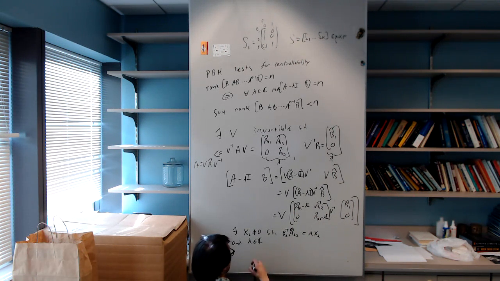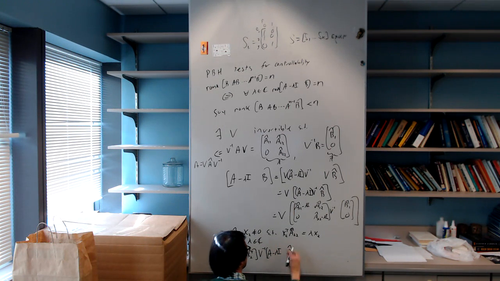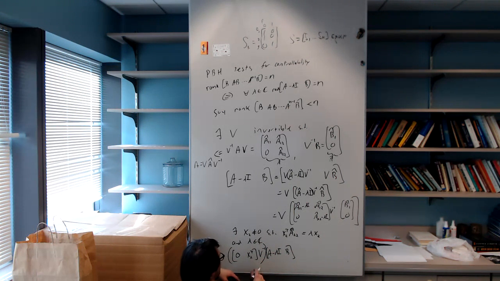So what we have in particular is 0 x2 transpose V inverse times A minus lambda I times B hat B. I'm taking this vector and multiplying it on the left by this V inverse. I took this vector, which I constructed as an eigenvector of this A22 thing.